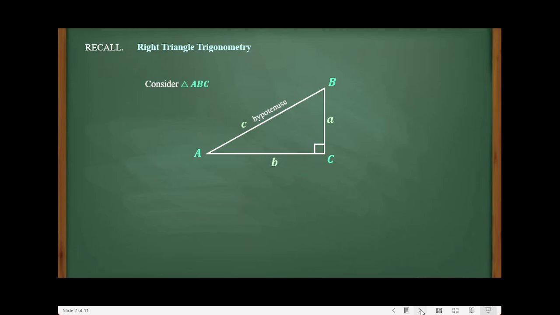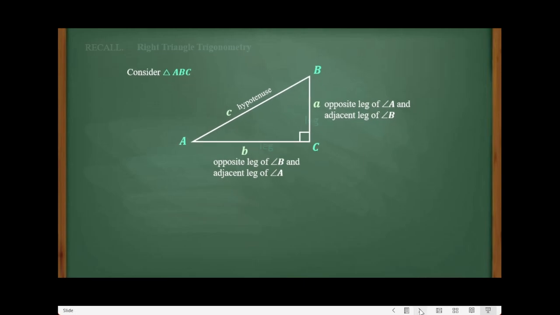We know that in a right triangle, the longest side, small letter C, is denoted as hypotenuse, and the other two sides are legs. Now for each leg, one leg can either be an opposite leg or adjacent leg, depending on the referenced acute angle, or what acute angle is being referenced. Okay?